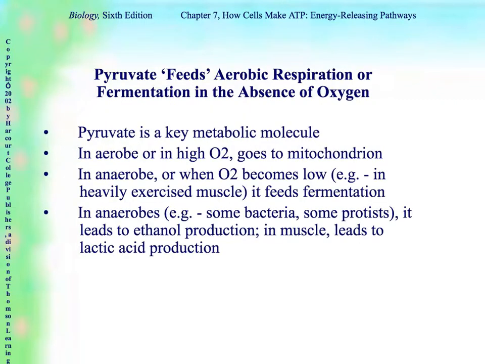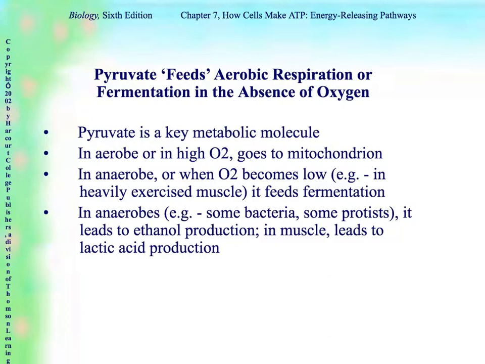So if you think about it, the main molecule that feeds into aerobic respiration is pyruvate, because if you didn't have pyruvate, you would never be able to get into the mitochondria. So pyruvate is feeding aerobic respiration. It's actually the stopping point, like where that pyruvate can go, because it either can go in the mitochondria if the organism has it, or it can't. So pyruvate is the key molecule.